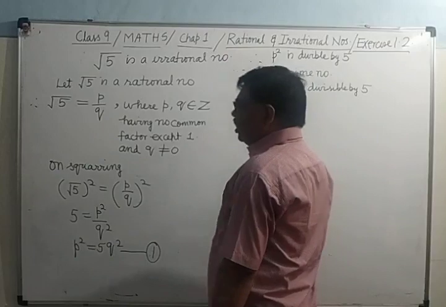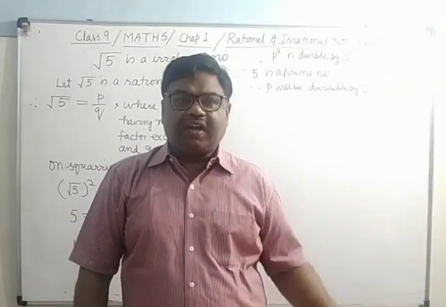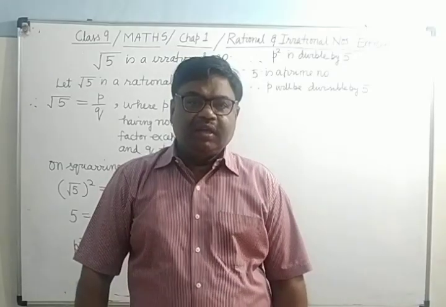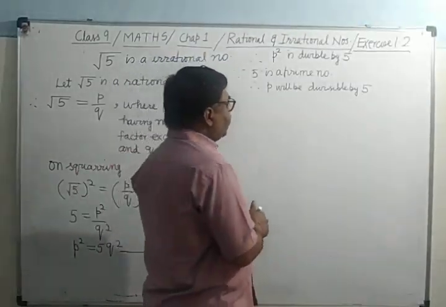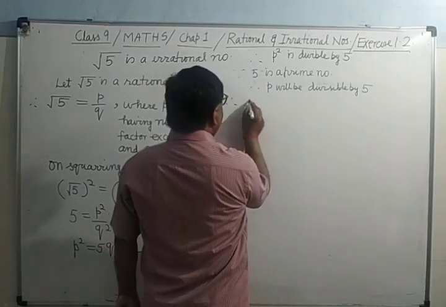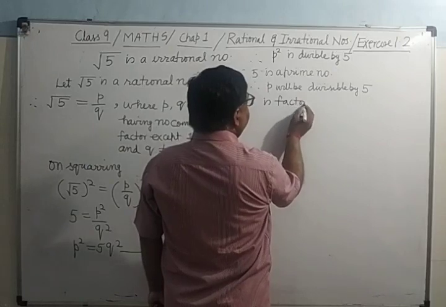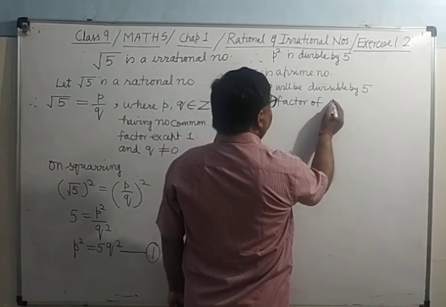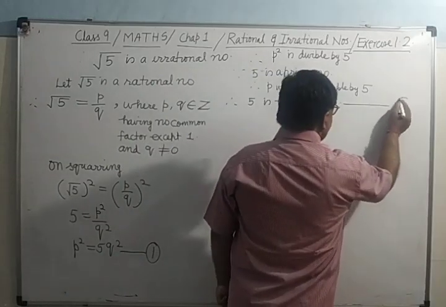And if any number is divisible by 5, then 5 is a factor of that number. Therefore, 5 is a factor of p. Here we will write 5 is a factor of p. This we will take as the second equation.